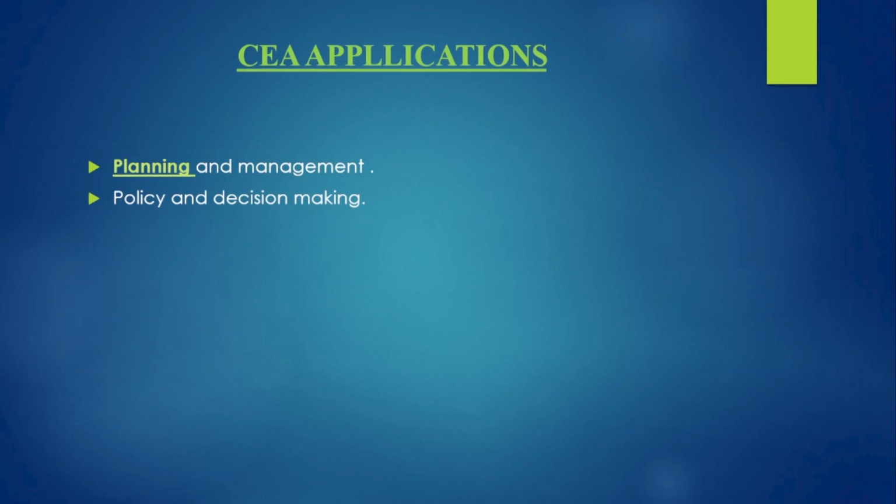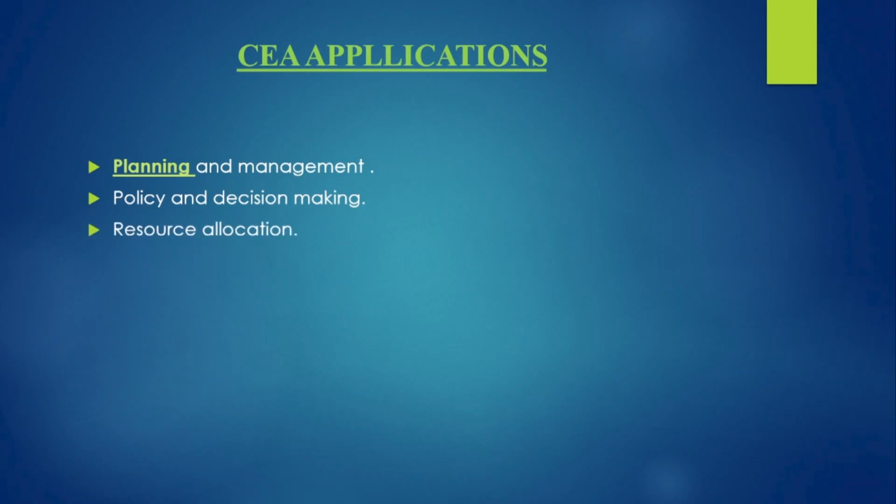Secondly, policy and decision making is a vital part of cost effectiveness analysis applications. Policy and decision making is very important in our workplace, because if policy and decision making is not pinpointed and exhaustive, it cannot be applied in cost effectiveness analysis.